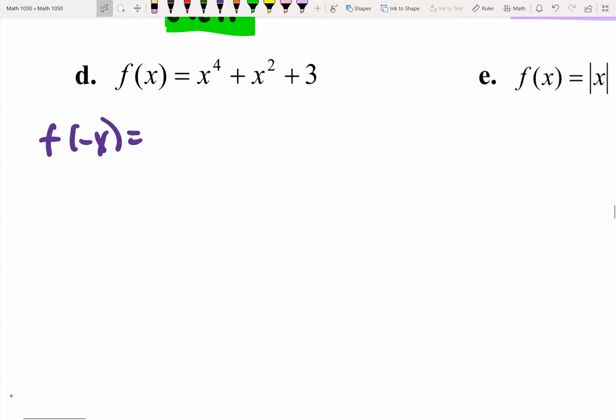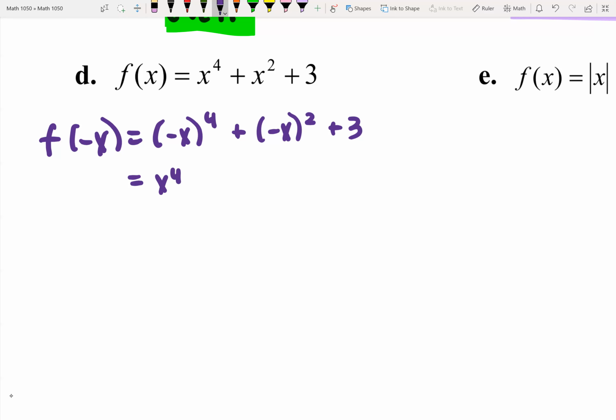Okay, so let's do it. So in parentheses, negative x to the fourth, plus in parentheses, negative x squared plus 3. A negative to an even is a positive x to the fourth. A negative to an even is a positive x to the second plus 3.